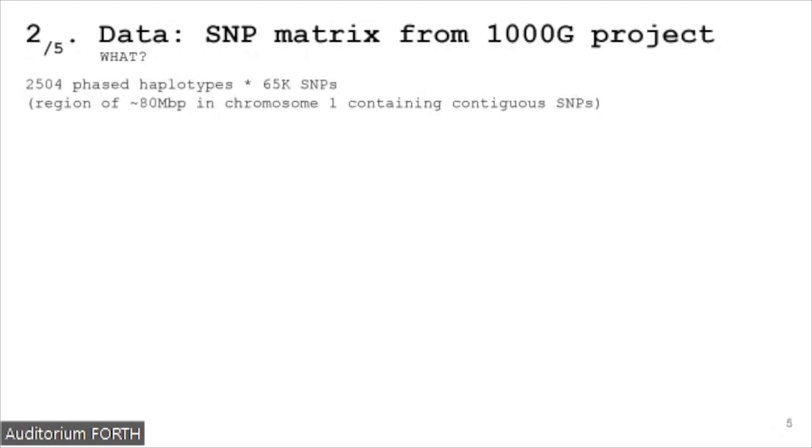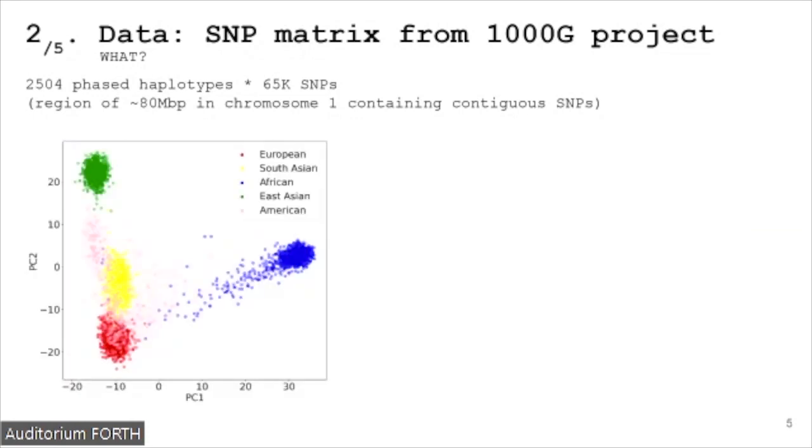So more specifically, the data is coming from the 1000 Genome Project, and we have 2,500 phased haplotypes, which correspond to the individuals. And these haplotypes contain 65,000 SNPs, covering a region of 80 million base pairs in chromosome 1.